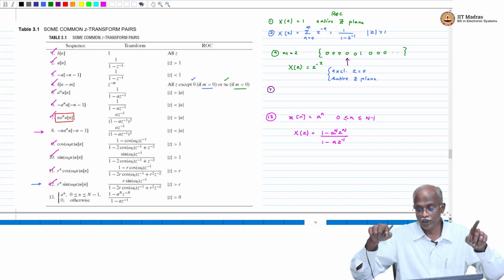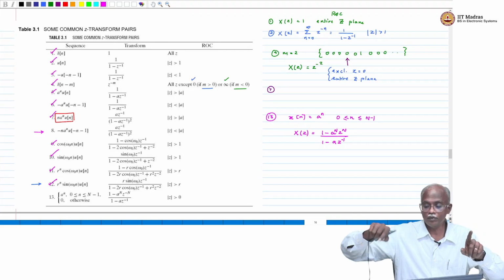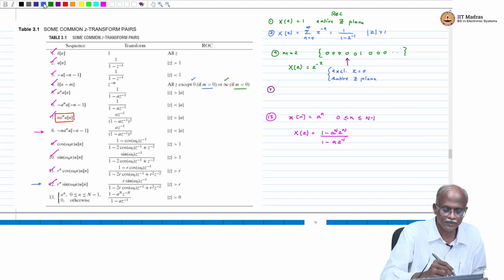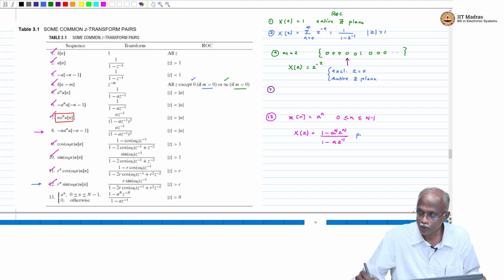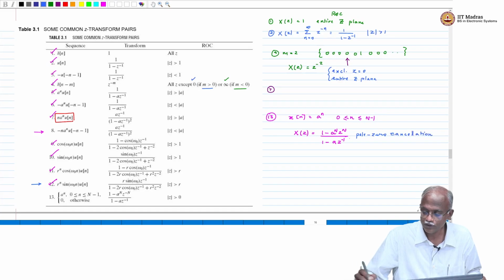There is a pole at z equal to a, but that will cancel, there will be a pole-zero cancellation. Because of the pole-zero cancellation, there are no poles except at z equal to 0.